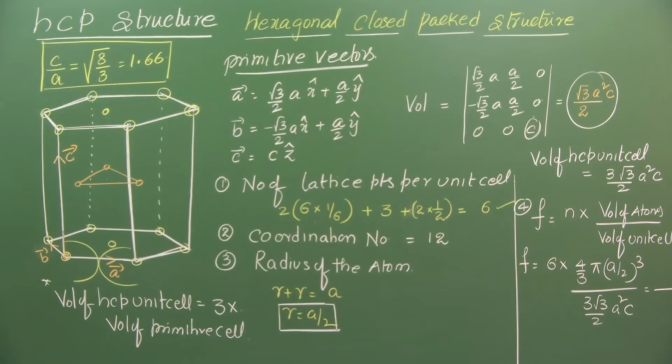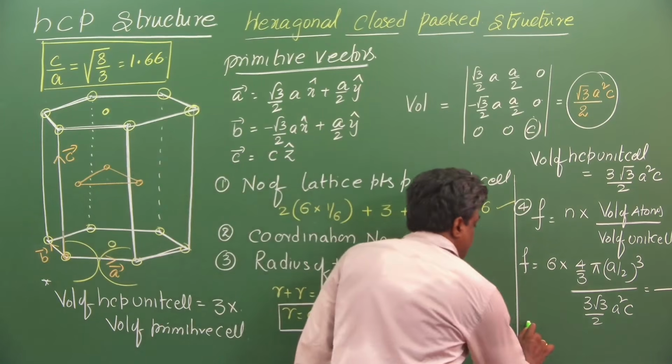It should be the same as FCC, 74%. Directly you won't get the answer, you have to use that C by A ratio, root 8 by 3, and then simplify, and you will get the packing fraction which is the same as FCC.